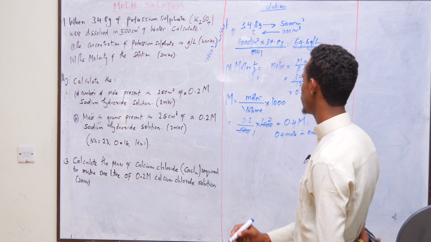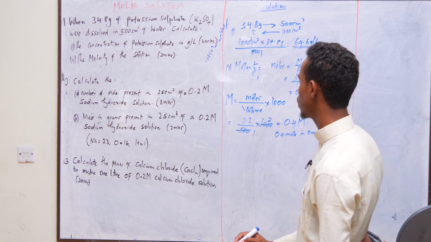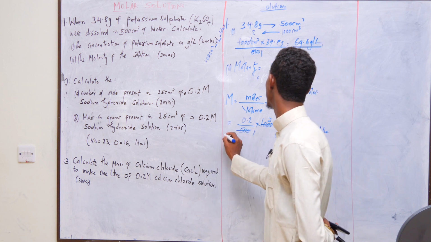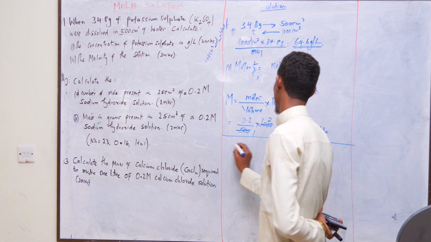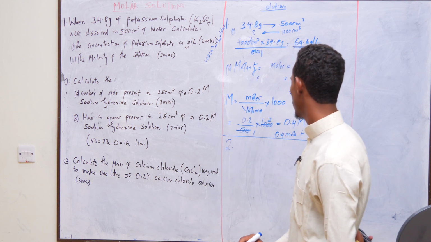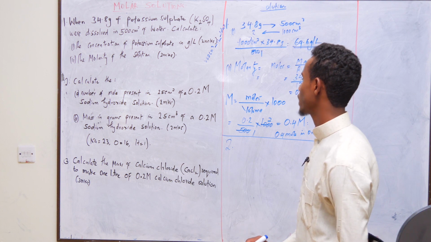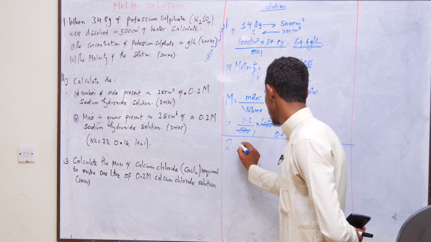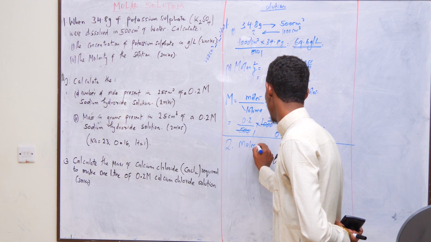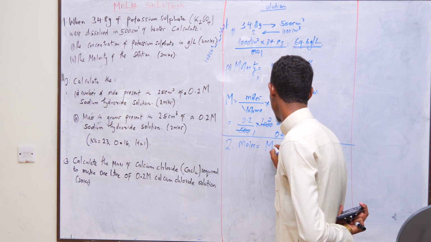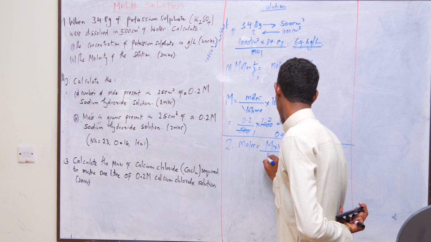Now, that is done, question number 1. Question number 2, class. Calculate the number of moles present in 25 cubic centimeter of 0.2 molar sodium hydroxide. Moles is equal to molarity times volume over 1,000.